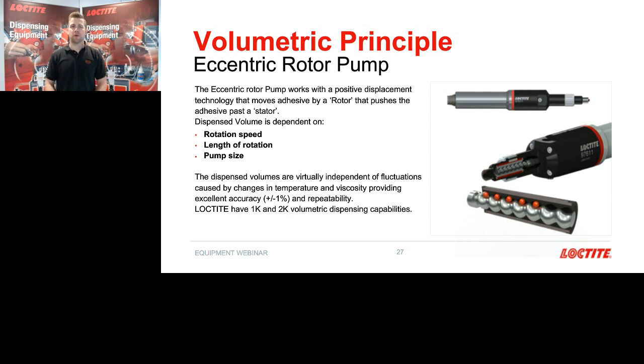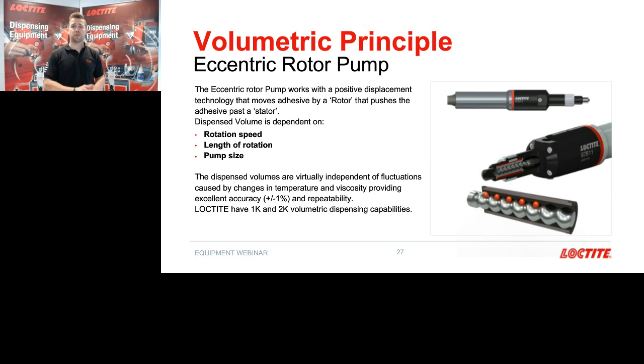Now this is a real key point I'm about to say here, and this is the main difference between pressure time systems, which David's mentioned, and volumetric systems: with volumetric systems, we're almost entirely independent of fluctuations caused by changes in temperature which affect the viscosity.